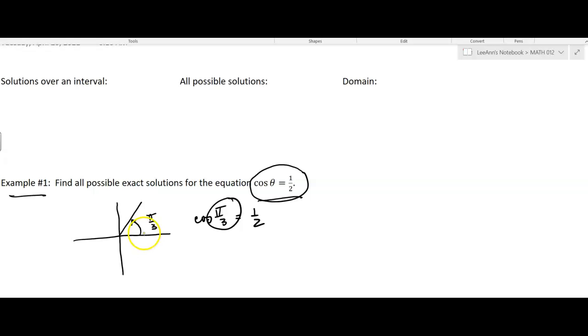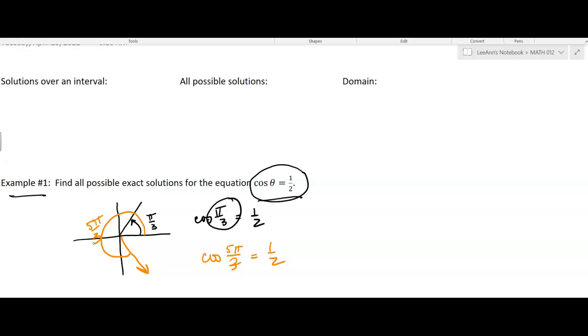But if I were to go all the way around to here, I would also get a positive cosine in the fourth quadrant, and that would be the cosine of 5 pi over 3 equals 1/2. So you say, okay, there's two answers, pi over 3 and 5 pi over 3.